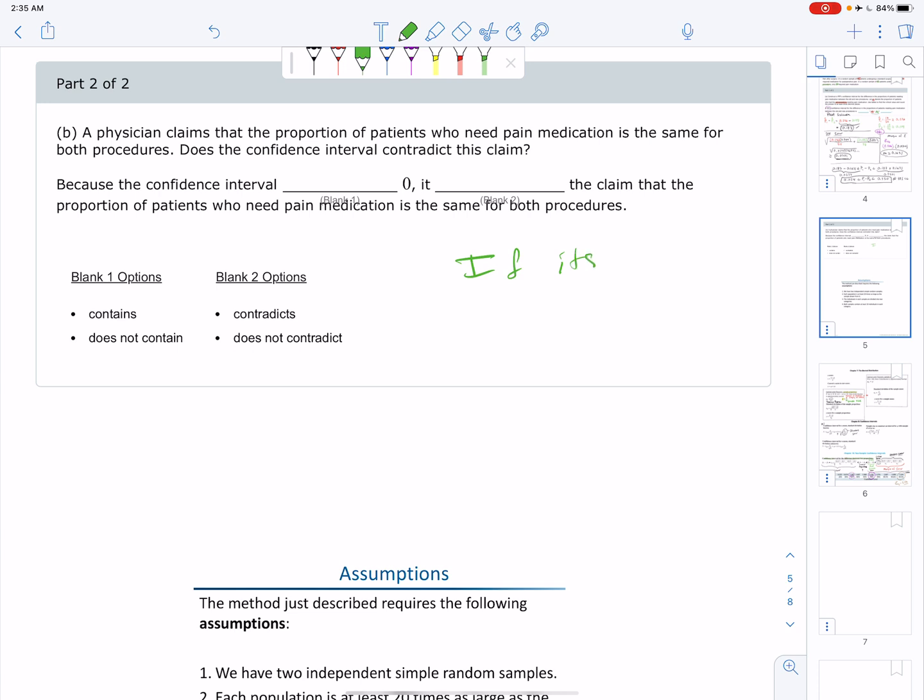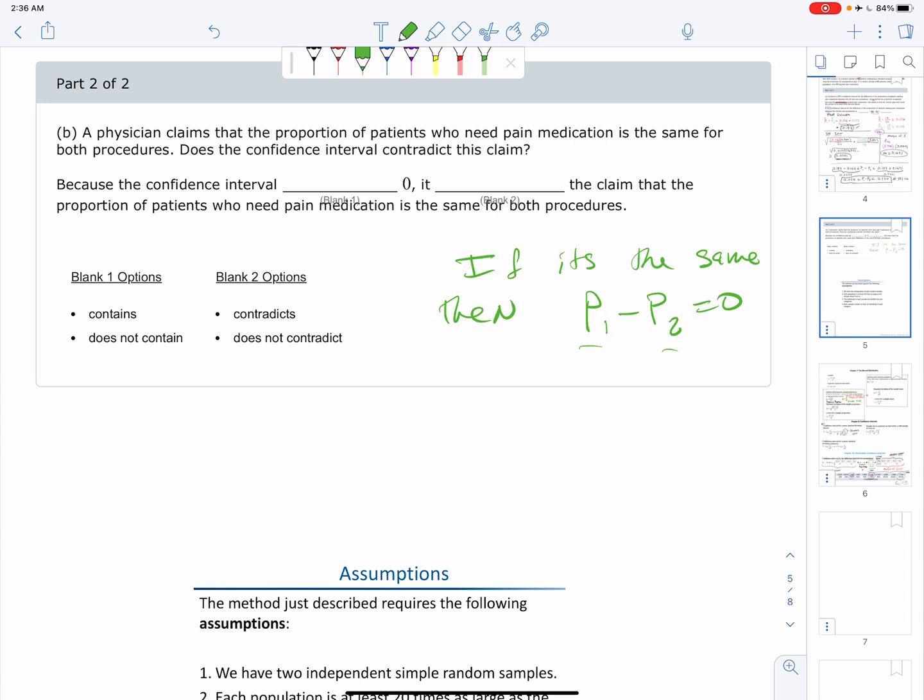If it's the same, then that means P1 minus P2 equals 0. They're claiming that these two things are equal.